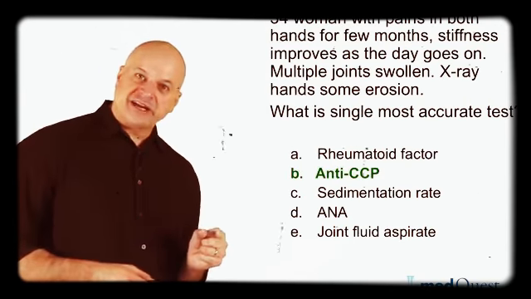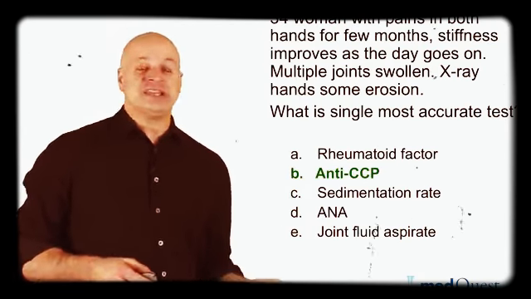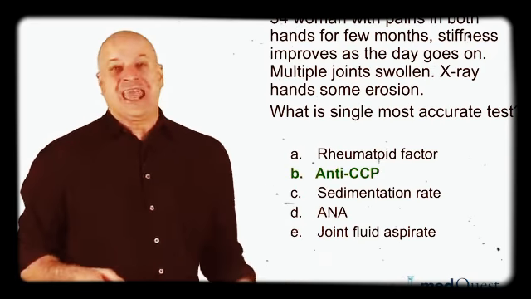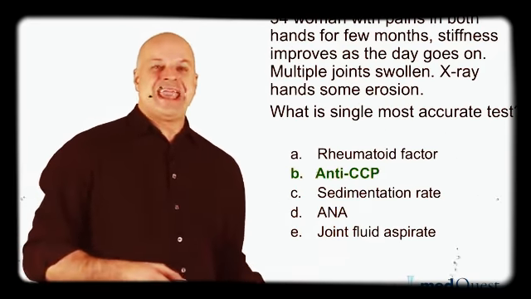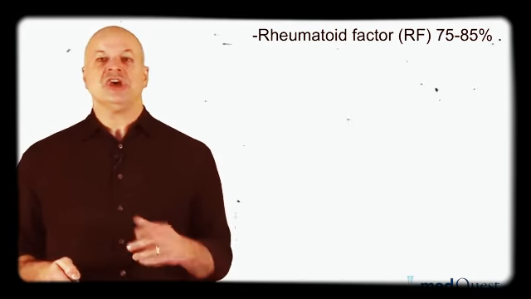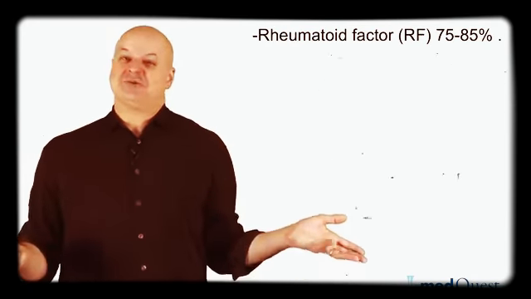Remember, rheumatoid factor is sensitive 70 to 80%, but not specific. SED rate is completely not specific. Okay, waiting in a line too long makes my SED rate go up. ANA is, of course, completely non-specific, and all you see in a joint fluid aspirate is a couple of thousand lymphocytes. The rheumatoid factor has a false negative rate of 20, 25%.